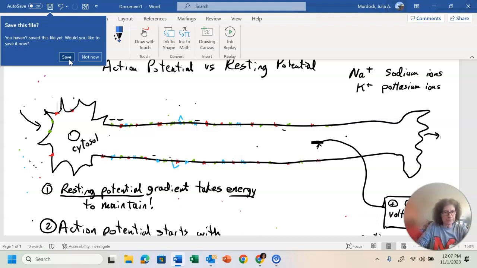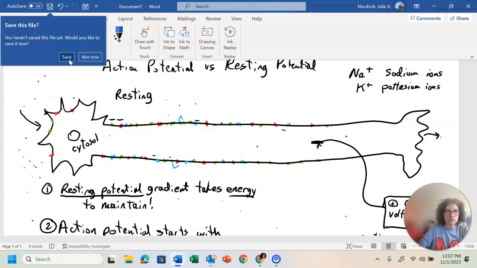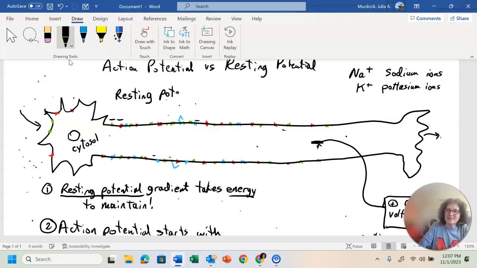So first of all, let's talk about resting potential and what resting potential is. Now again, I don't have this diagram printed out for you, so if you want to draw it, be my guest. But I'm also recording this so that you can see it later. So resting potential is actually kind of a misnomer, because resting potential takes energy to maintain.